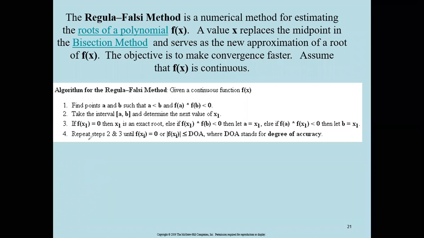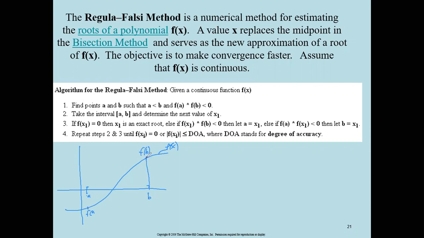So consider again this x and y axis. And let's say this is the behavior of the given function, f of x. And let's say this is our interval. So this is f of a, f of b, no?